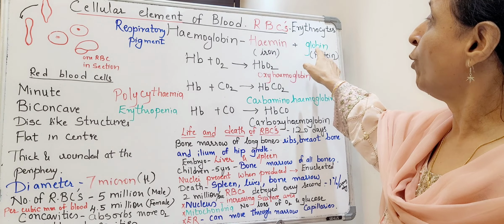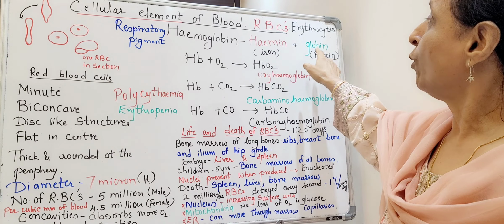Now, adaptation: it gives up the nucleus, so more space is there for hemoglobin to carry oxygen. Now, it gives up mitochondria also. These are the cell organelles. All the cells have these organelles, but RBCs are specially designed, enucleated.